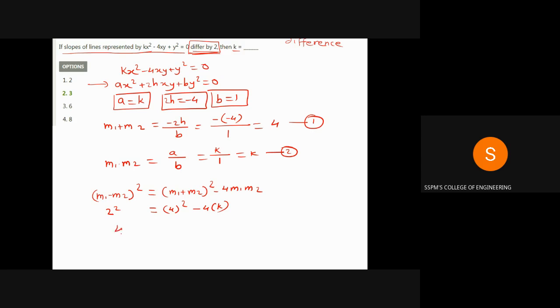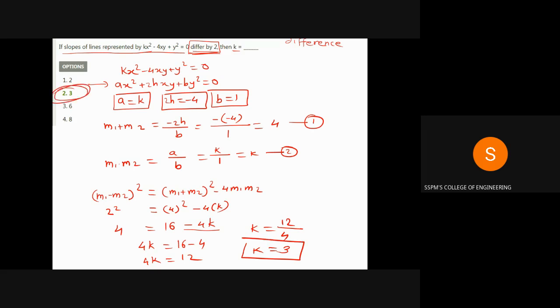So 4 is equal to 16 minus 4k. If we transfer it to the left hand side, 4k is equal to 16 minus 4, that is 4k is equal to 12. That is k is equal to 12 divided by 4, which means k is equal to 3. So this will be the correct answer.